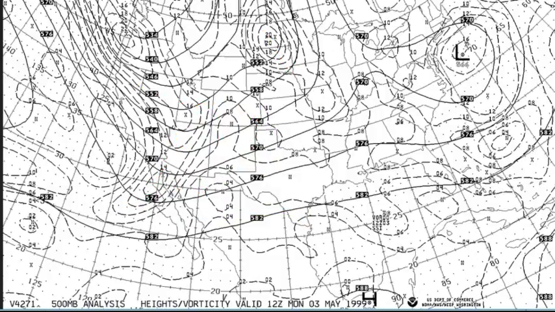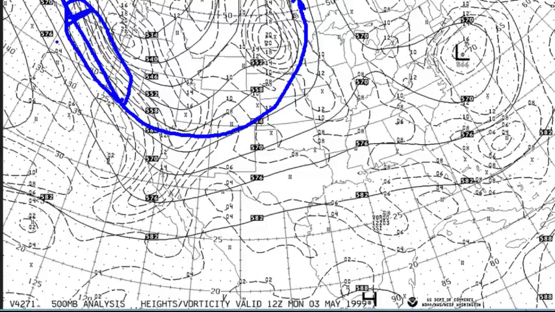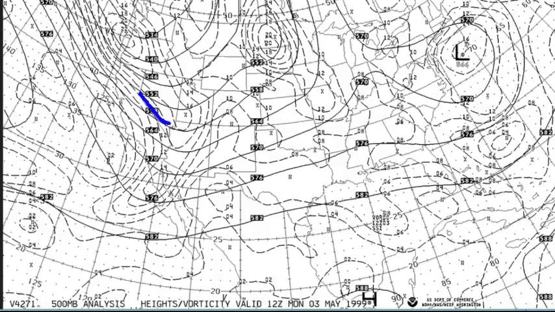Another thing that we see here is the jet stream. There it is coming out from the Pacific, then up through the central U.S., and the strongest winds are found right in this area here. So we've got a bit of channeled appearance to the vorticity patterns. There's the couplet of the anticyclonic center and the cyclonic center.